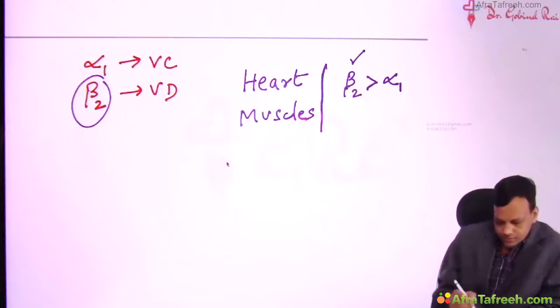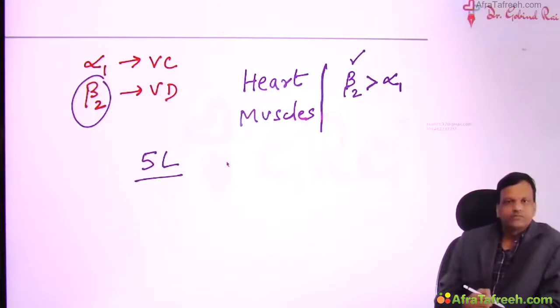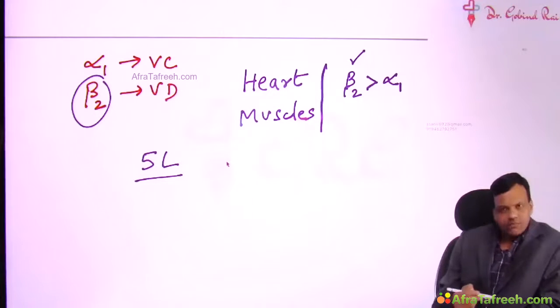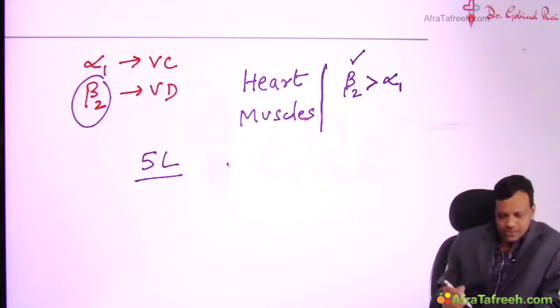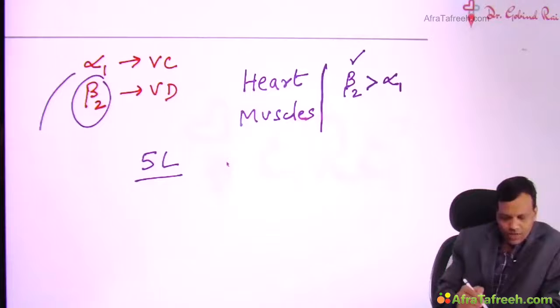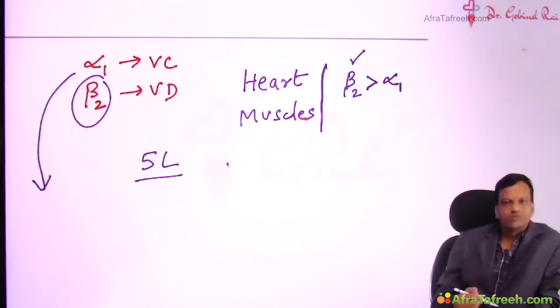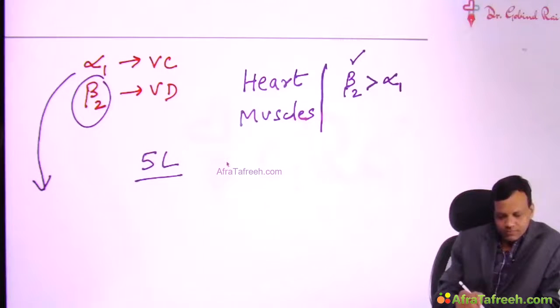The question is, normally we have 5 liters of blood in the body. When a lion comes in front of us, it will not become 10 liters. So when the blood remains 5 liters, from where does it come? What happens is, at all other blood vessels, alpha 1 is more. Blood vessels of skin and blood vessels of internal organs contain more alpha 1 receptors.